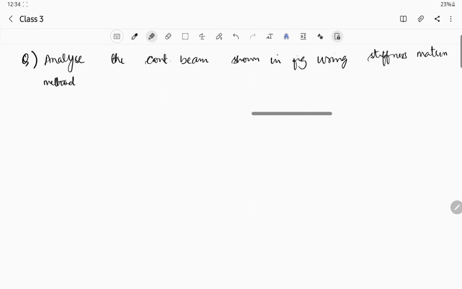We have a continuous beam, and for this beam we have a simple support here at this location, and we have one more roller support at this location, and again we have another simple support at this location.